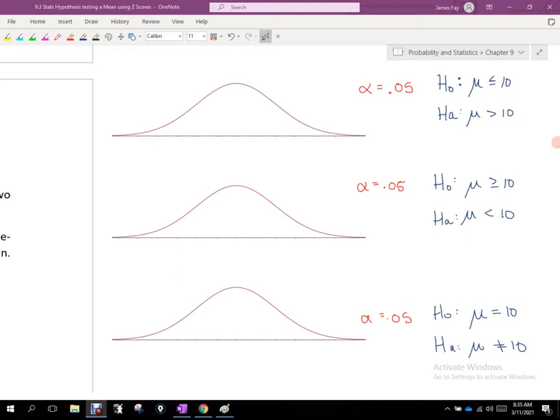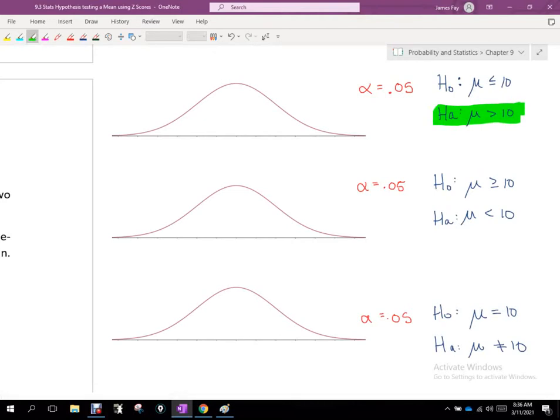In this first one, alpha is 0.05. The null hypothesis is the one that includes equality, so the null hypothesis says mu is less than or equal to 10. The alternative hypothesis is the one that tells me what type of test this is, what tail it is.